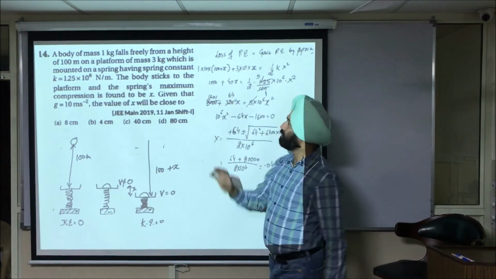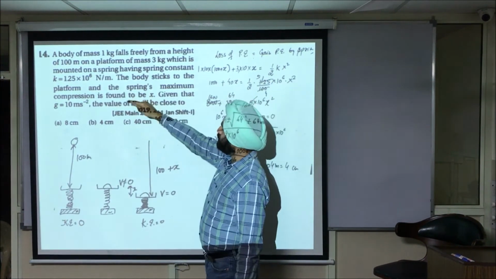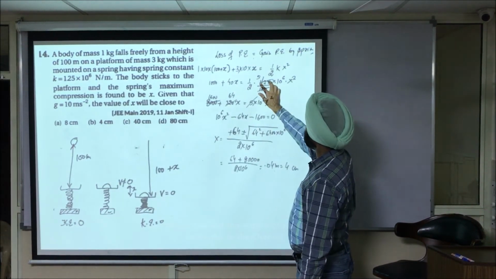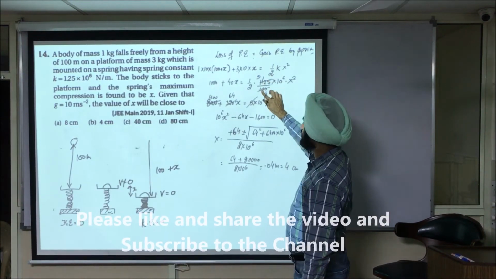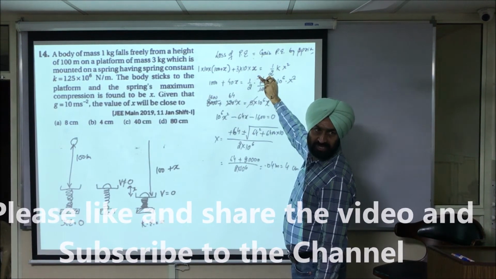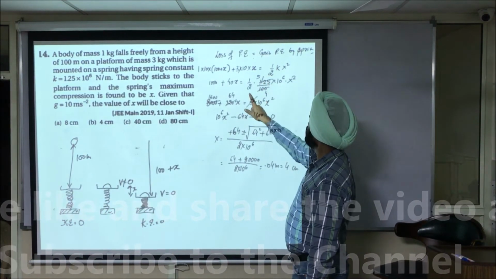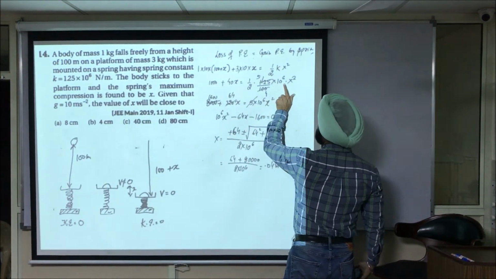Any doubt? Half k is 1.25 into 10 power 6, so 1.25 into 10 power 6 into x square, decimal point removed, 100, 25 into 5 is 125, 25 into 400. So the denominator is 8 into 10 power 6.